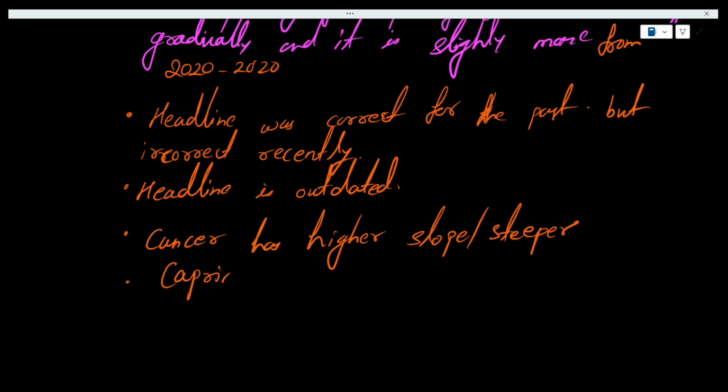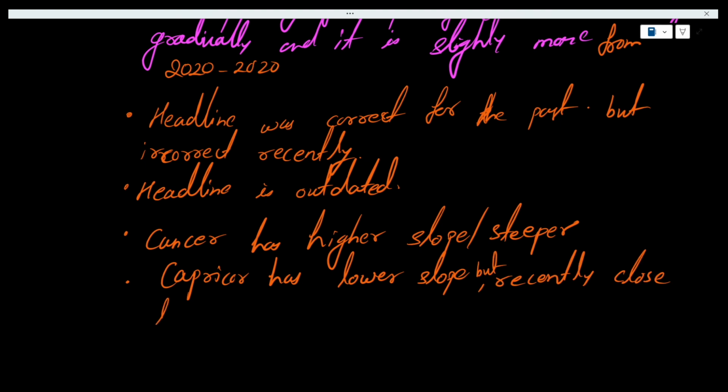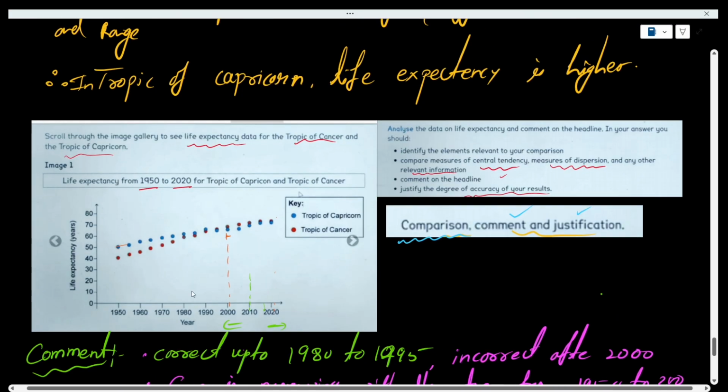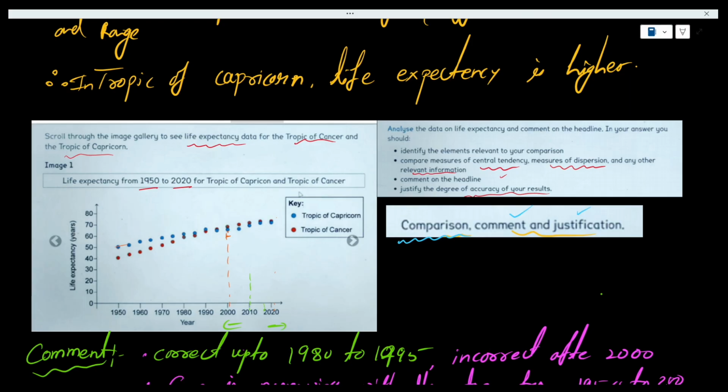So Capricorn has lower slope, but gradually increasing, and Cancer is expected to increase in some years, because if you see the graph, the blue dot was going above, this is below, this is also below, but gradually it is going up. So this is the comment.